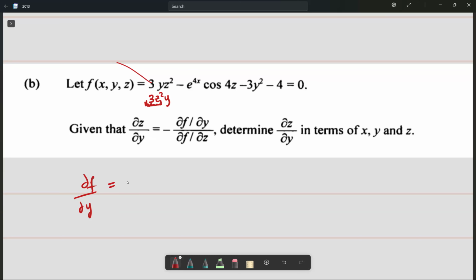So imagine if it was ay, to differentiate this, it would just become a. It's the same scenario you're going to do here, where you're going to have 3z squared.